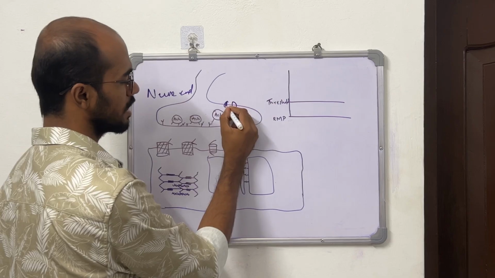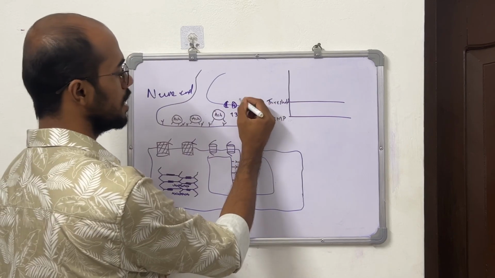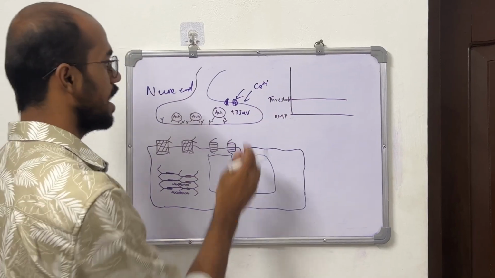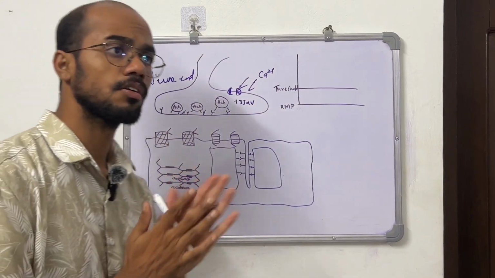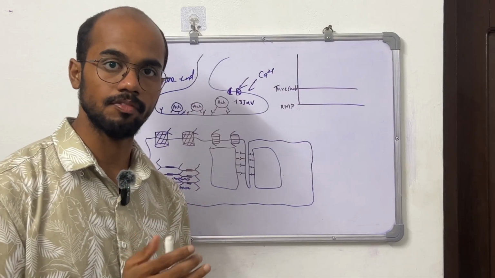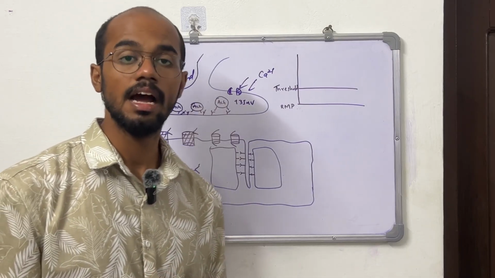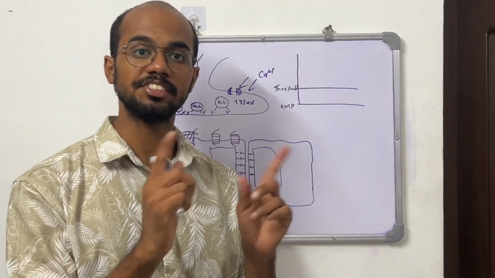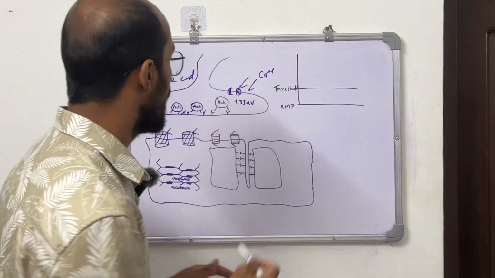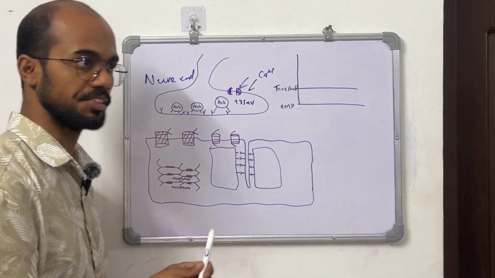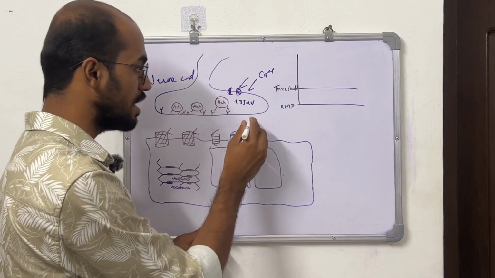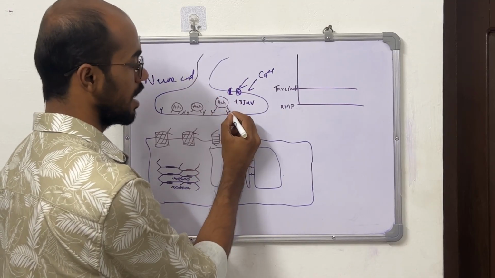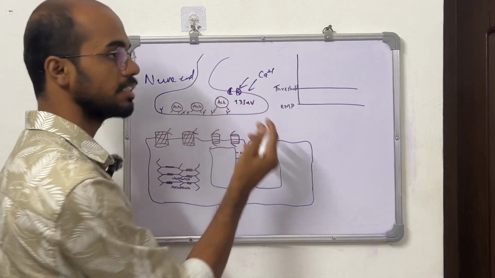Our voltage gated calcium channels are activated, thereby allowing the influx of large amounts of calcium into the neuronal end. And what does this calcium do? We said that there are a large number of vesicles in the nerve terminal which contain acetylcholine, and these vesicles are specialized structures that also have certain receptors or proteins, and the nerve end also has certain proteins. In order for this acetylcholine to be released, what should happen? These two proteins should bind to each other, and that is mediated by the calcium that just got inside.